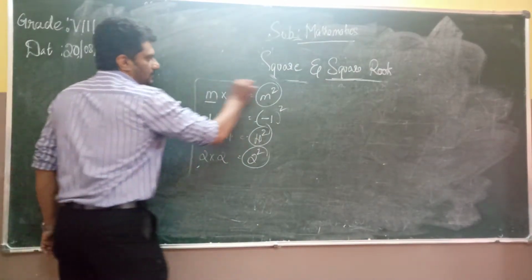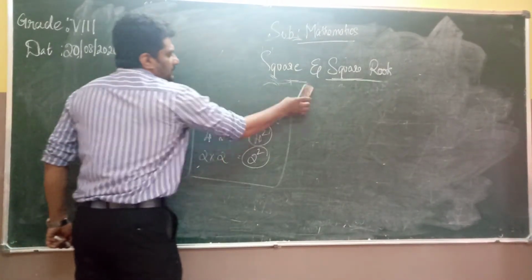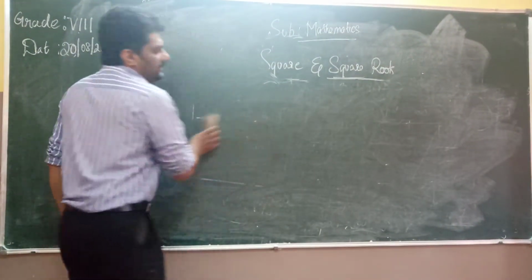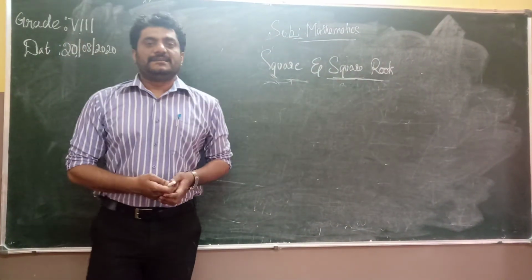This is how we represent square numbers. Now in the number system, how do we find the square numbers?